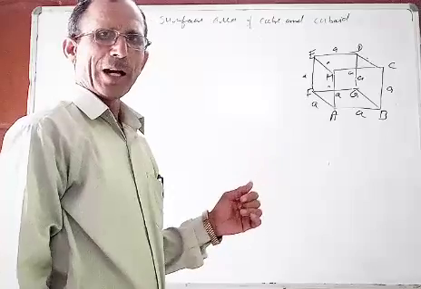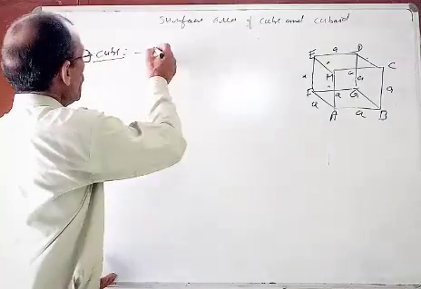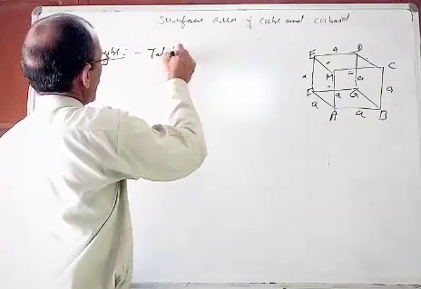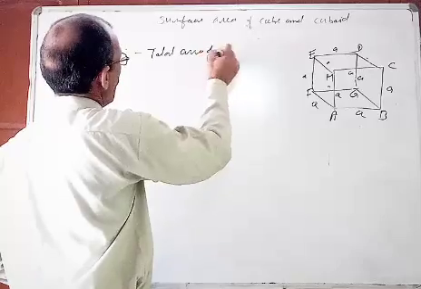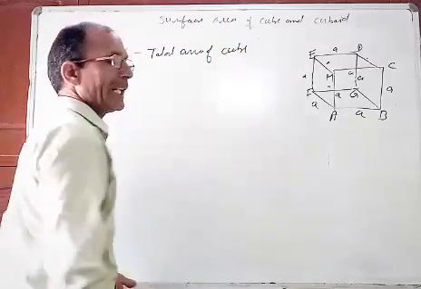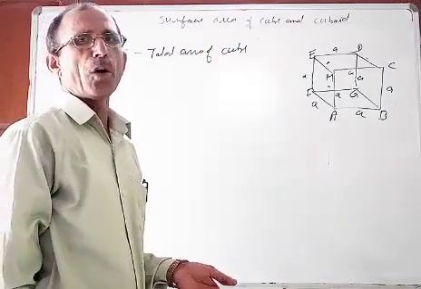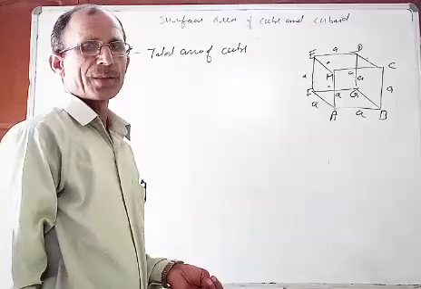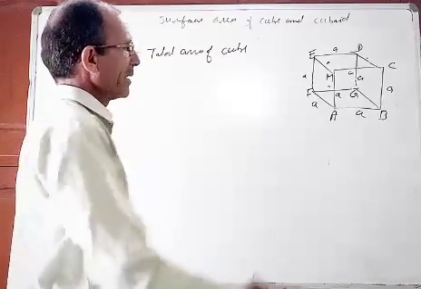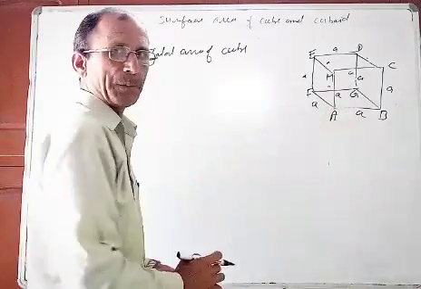So same formula. Total area of a cube means area of all the faces. Area of a square is side multiplied by side.